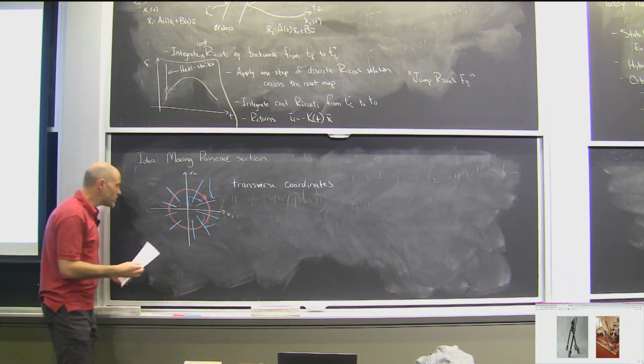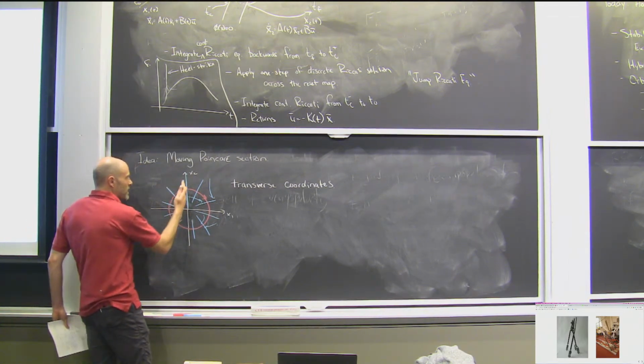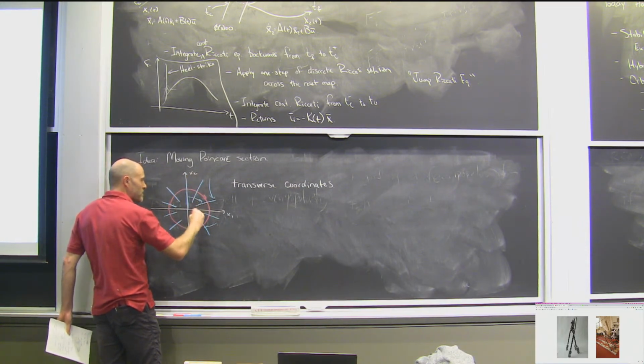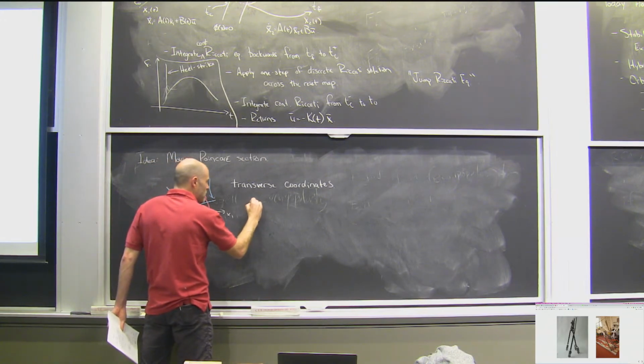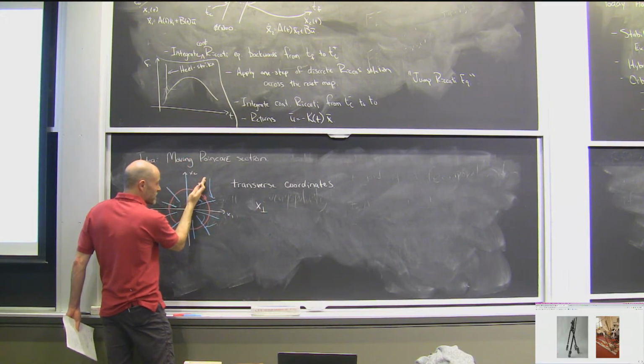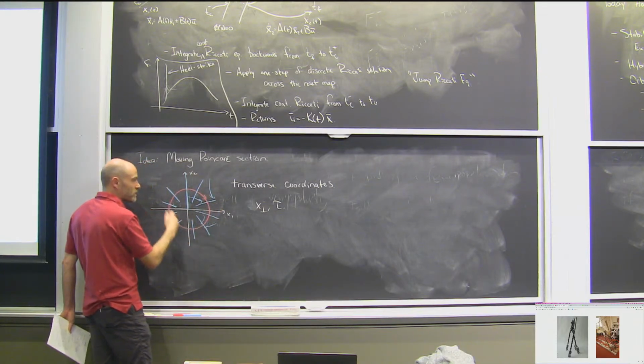It turns out that if I were to define a transverse coordinate system as a function, let me rewrite. I have x1 and x2 as my original coordinates. Let's write the transverse coordinates as the transverse part plus the phase along the trajectory.